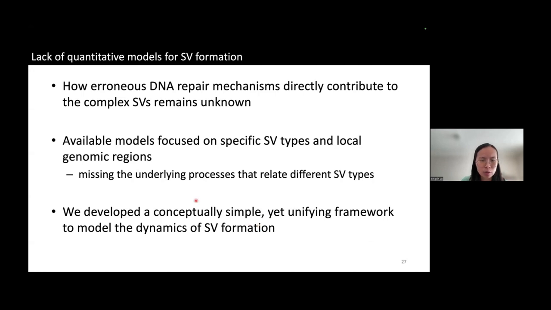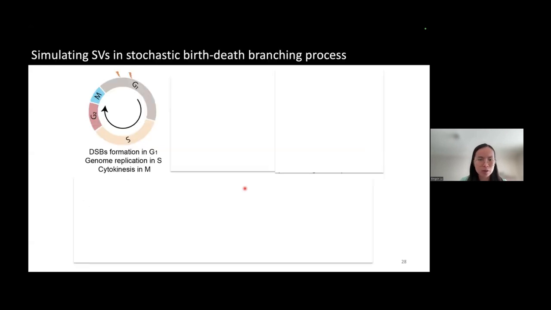So in our work, we want to use our modeling approach to try to understand the underlying processes that can relate the different SV types, because they may be generated by the same processes. We developed a quite conceptually simple, but unifying framework to model the SV generation process.